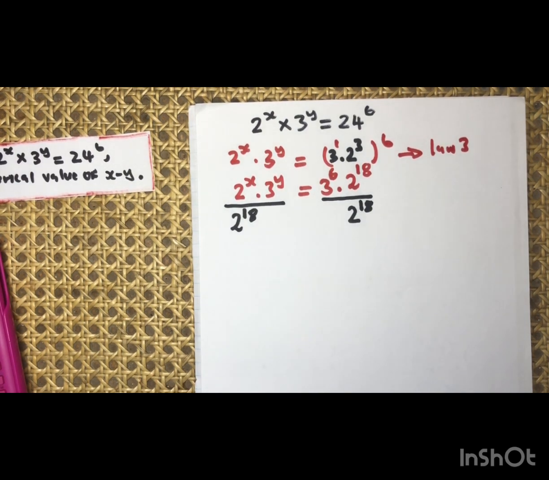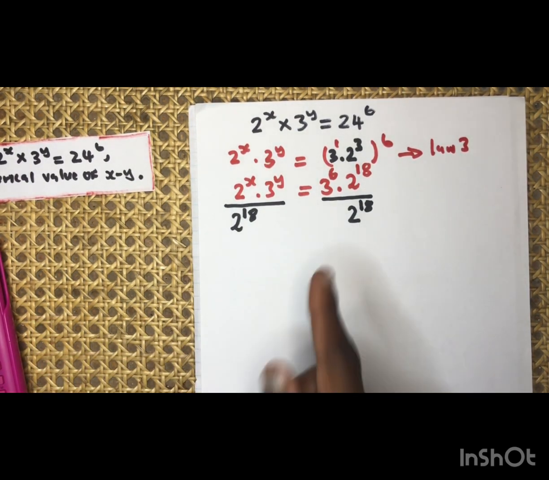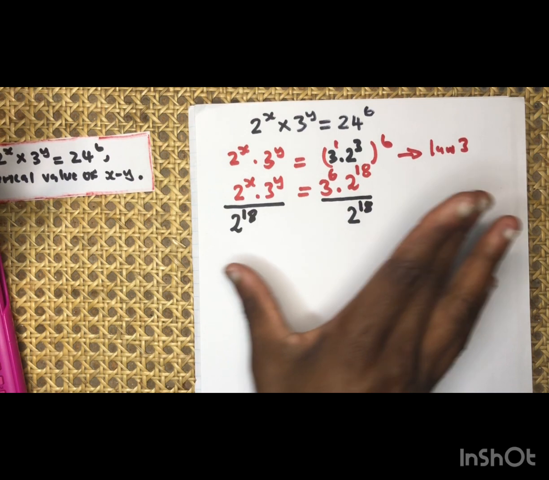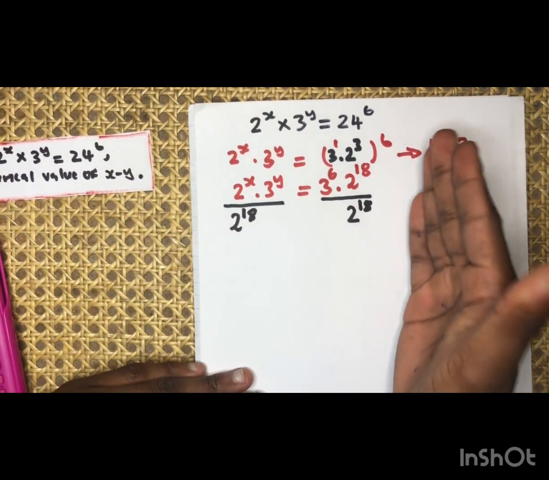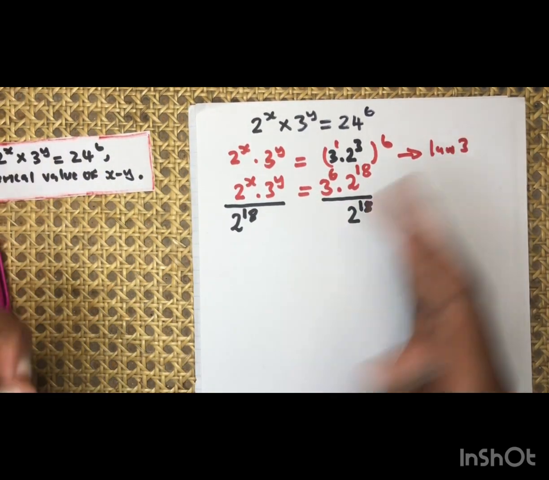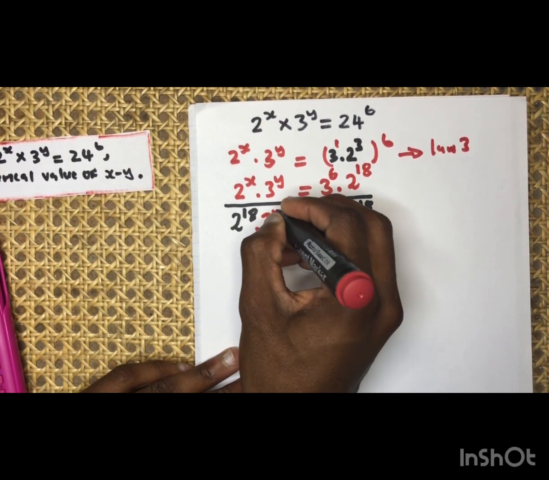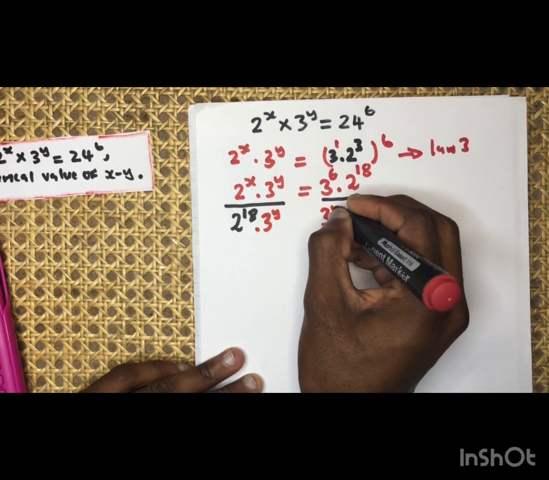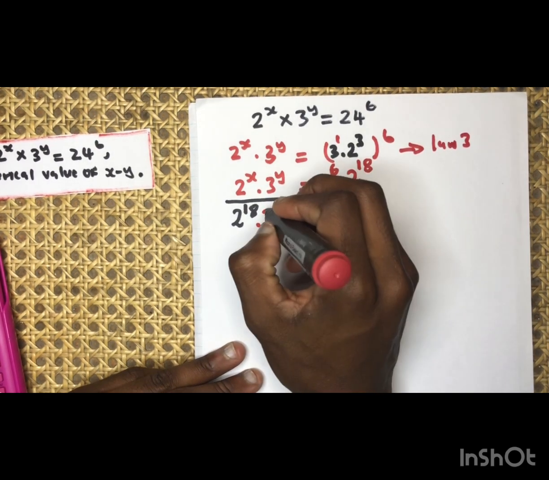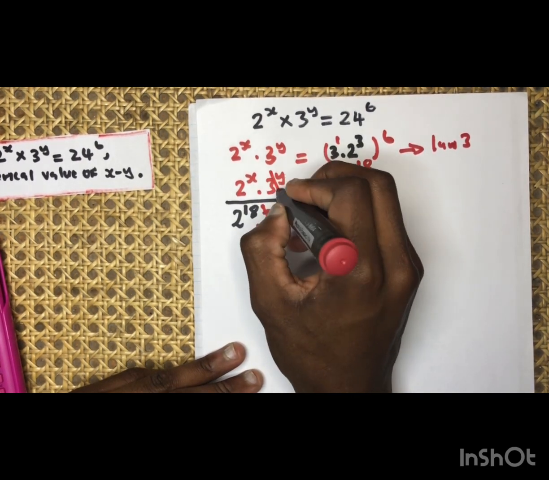Remember, if I divide both sides by 2 to the power 18, I also need to divide both sides by 3^y so that I can have the 3's on one side and the 2's on one side. So I'm going to divide both sides by 3 to the power y. Understand? So this thing, guys, cancels this one.